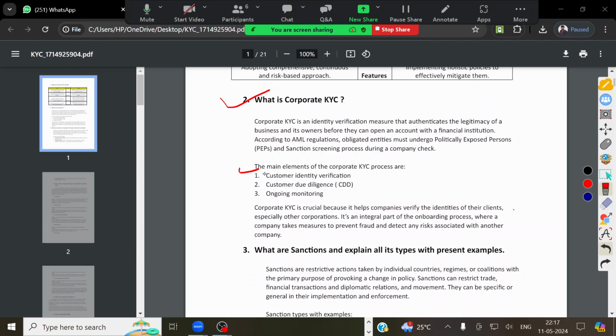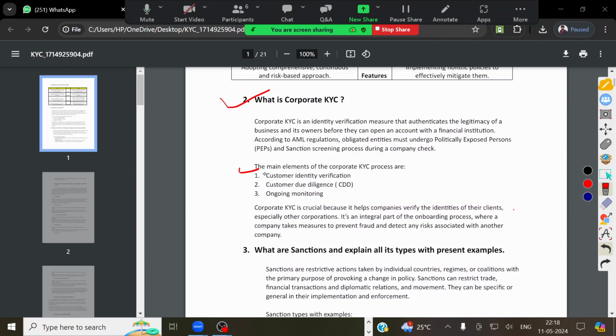So you can identify a customer through these documents or maybe through a biometric process as well. Apart from that, customer due diligence means follow all checks, don't miss any checks. If you have a checklist, you can follow that. It is your responsibility to ensure that you have checked everything. That comes under customer due diligence.